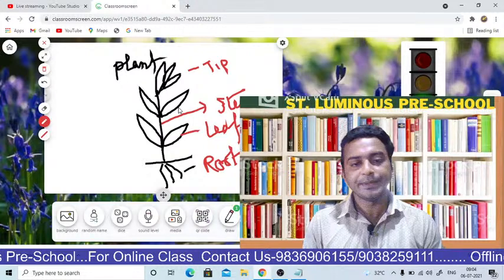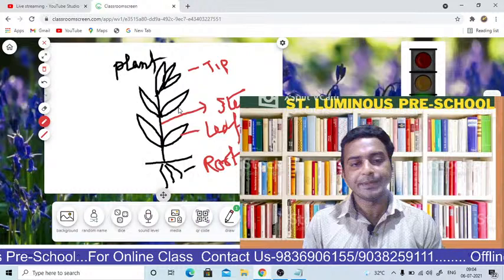Whereas the leaf is the upper part of the stem, and here the stem is the upper part where leaves are growing.